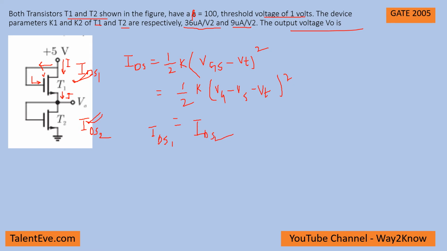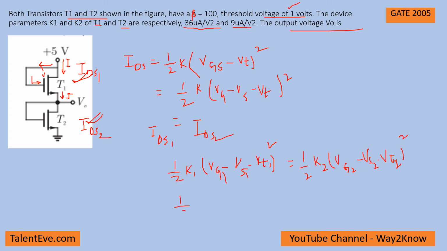That means, using that formula, half into K1 into (Vg1 minus Vs1 minus Vt1) whole square is equal to half into K2 into (Vg2 minus Vs2 minus Vt2) whole square. So basically Vt is nothing but 1 volt, that is what the threshold is provided.